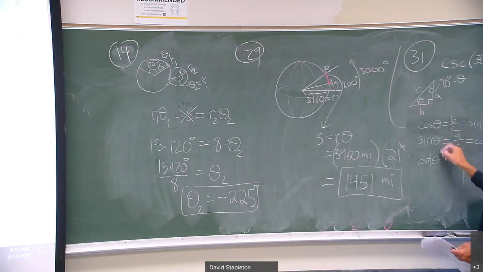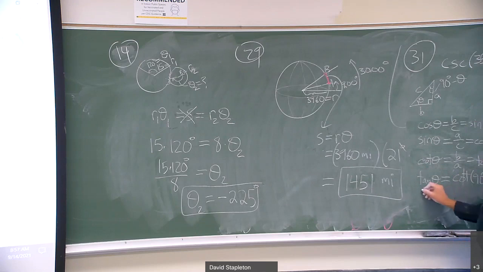Cotangent of this angle is this one over this one, B over A, which is the tangent of this one, opposite over adjacent, tangent of 90 minus theta. The tangent of theta is similarly the cotangent of 90 minus theta. Secant similarly, let's do cosecant first, but cosecant theta is secant of 90 minus theta. And so every cofunction is equal to the function of its complementary angle.